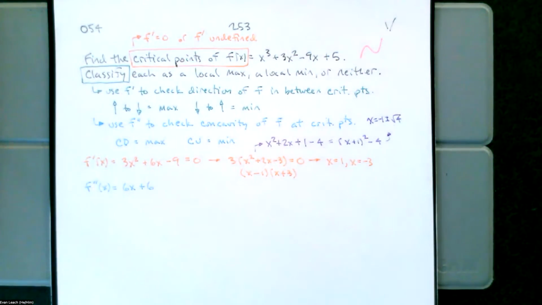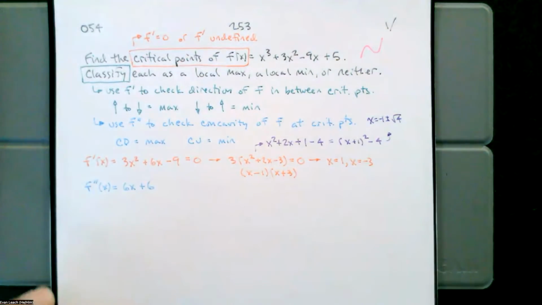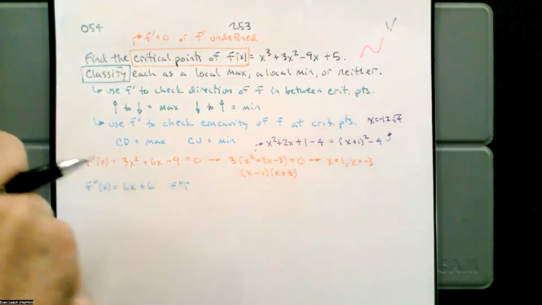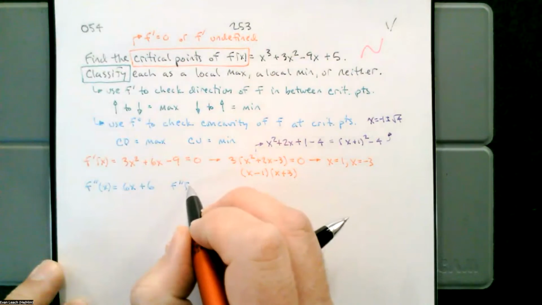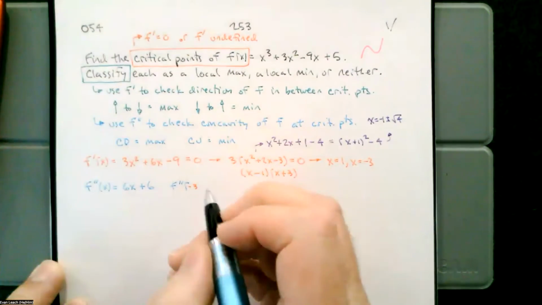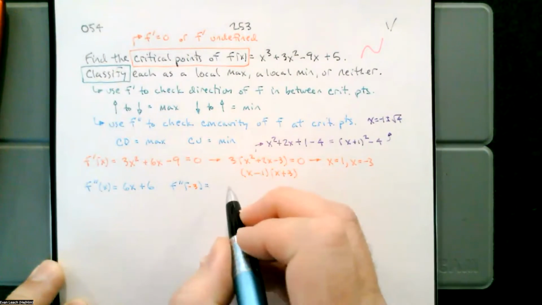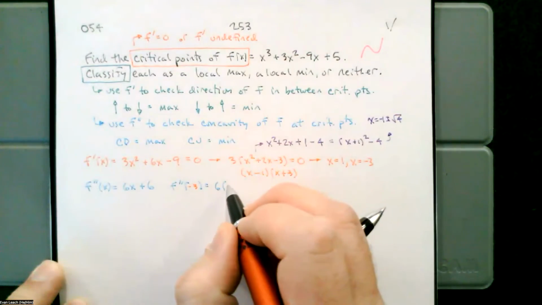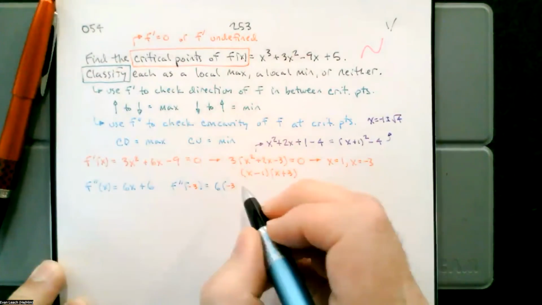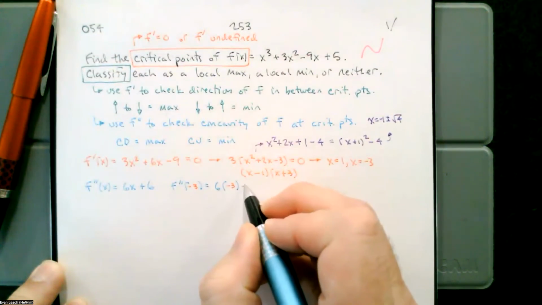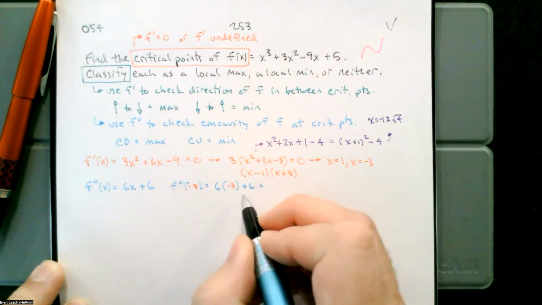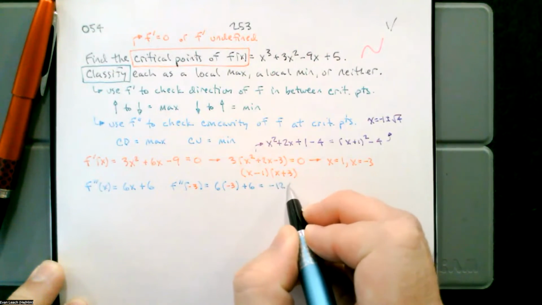And then we'll just plug in our two critical points. Oh, it's color coded now. I can't stop. -18 plus 6 is -12.